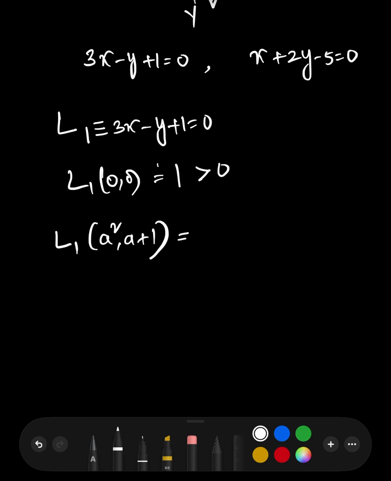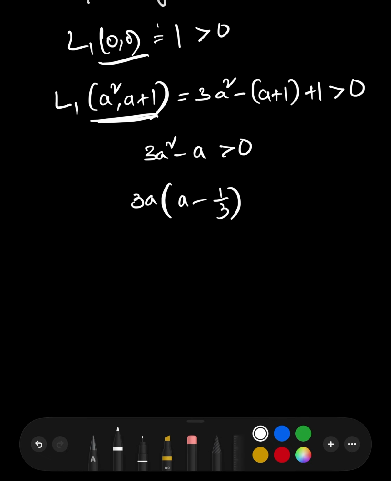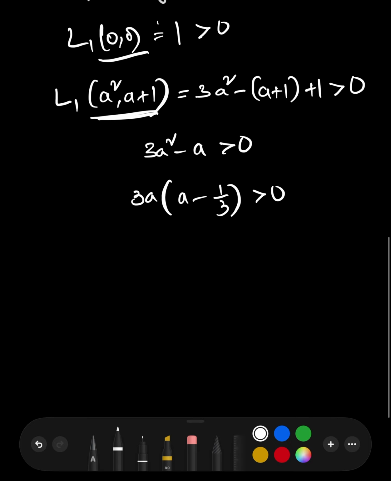Substituting, we get 3a square minus (a plus 1) plus 1 must be greater than 0, because the origin and this point lie on the same side of the line. So 3a square minus a is greater than 0. Taking 3a common, we get a times (a minus 1 by 3) is greater than 0.